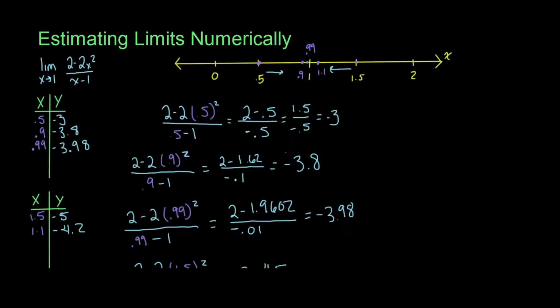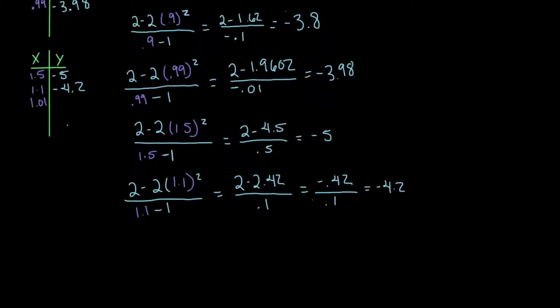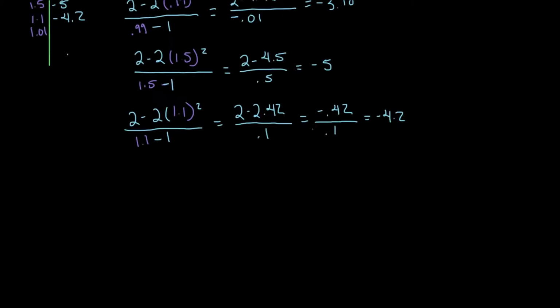And lastly, let's pick a point that's even closer to 1 from this right side. Let's say this point here is 1.01. So let's see what happens when we plug 1.01 into our function. We have 2 minus 2 times 1.01 squared, divided by 1.01 minus 1.